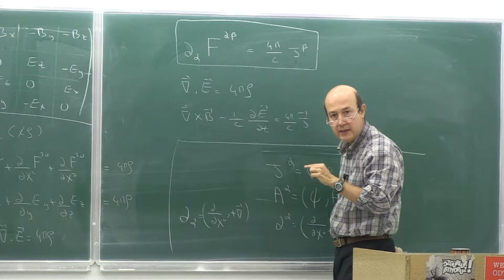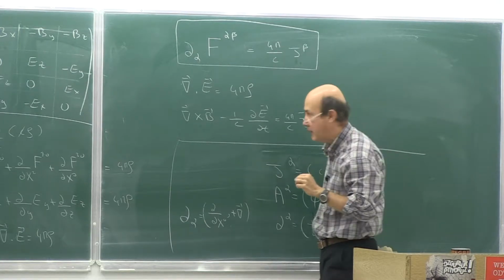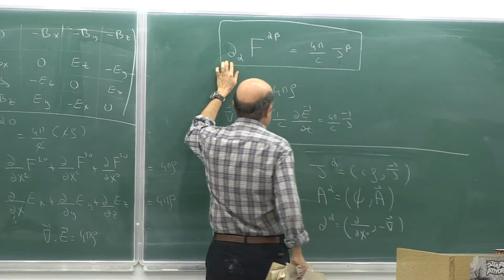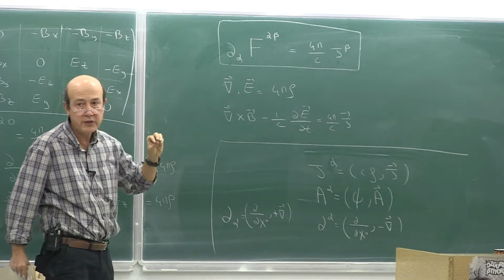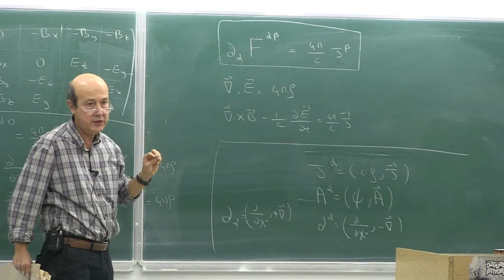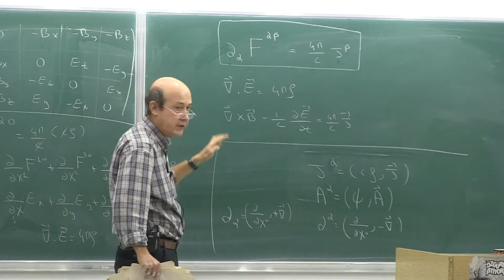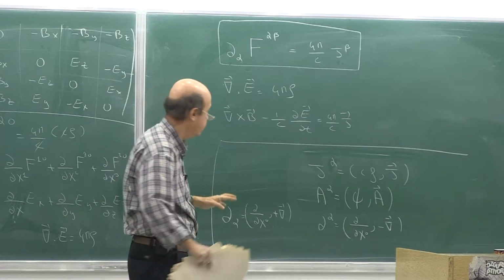Okay, so as an exercise, do the others by yourself. So this presentation is the covariant form of the inhomogeneous Maxwell's equations. How many equations? 4 independent equations.